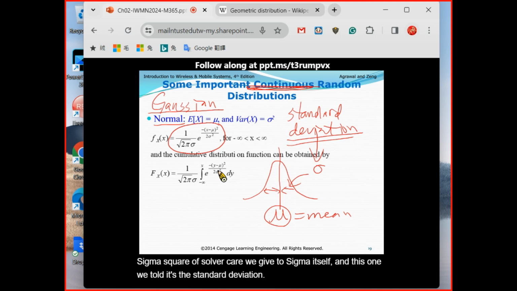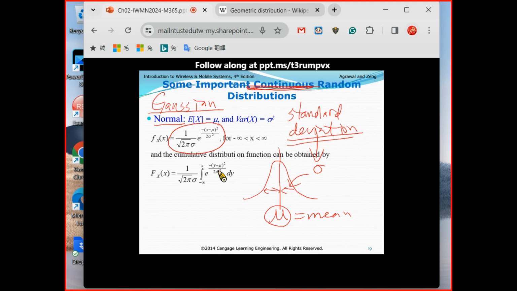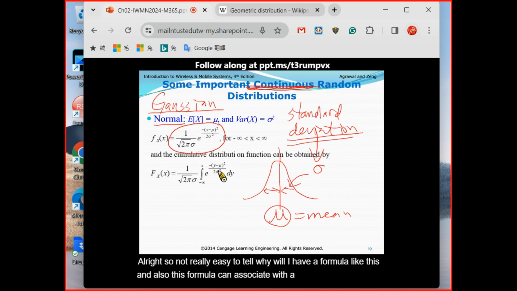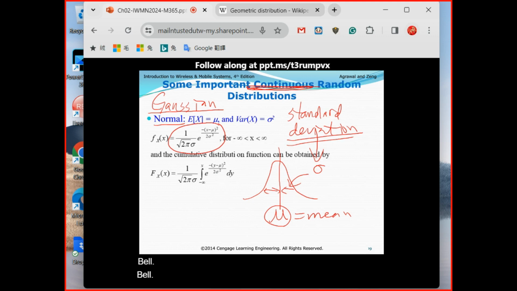All right, it's not really easy to tell why we have a formula like this, and also this formula can be associated with a bell shape like this. Bell shape.